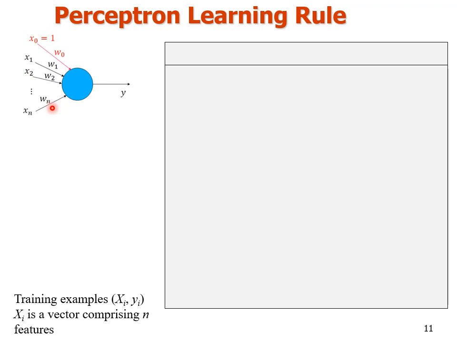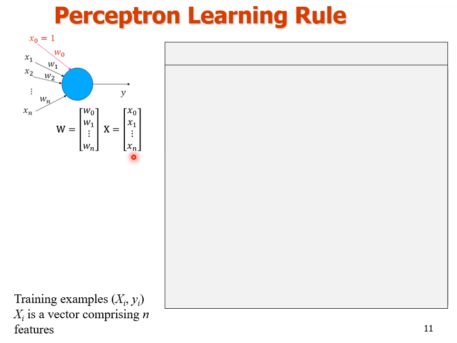Both are n plus 1 dimensional vectors, and this perceptron produces the output as y. So please see here, w is the column vector having the elements w0, w1 up to wn, and x is the input vector, once again a column vector having the elements x0, x1 up to xn.